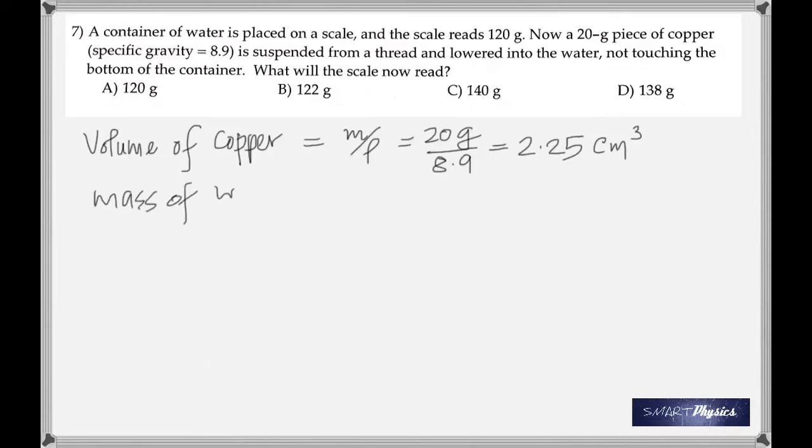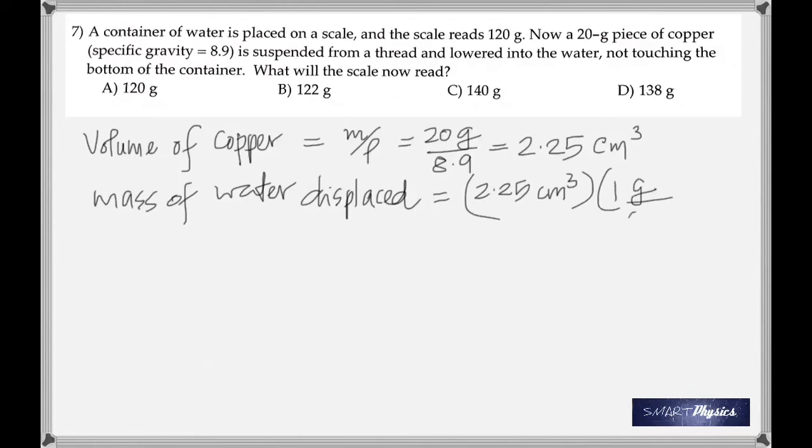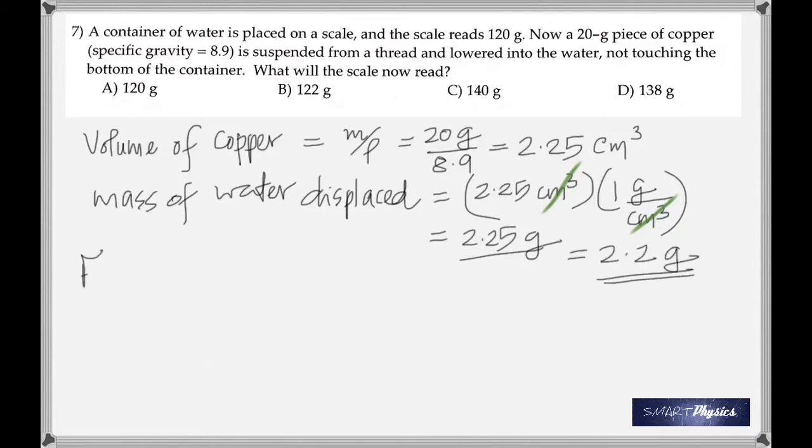Therefore the mass of the water displaced will be the volume of water displaced, which is the same, 2.25, times the density of water, which is 1. So that gives 2.25 gram, but 2.2 gram when you consider the significant figures.